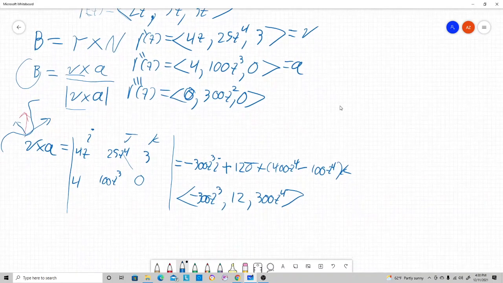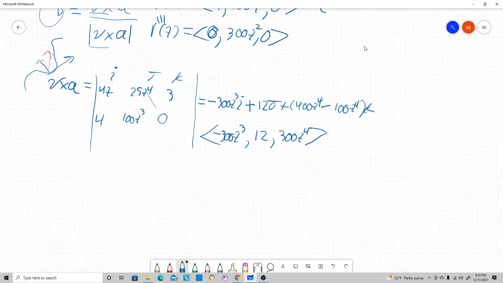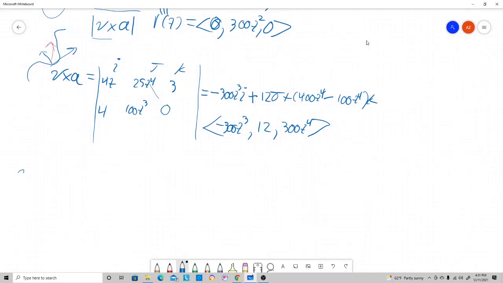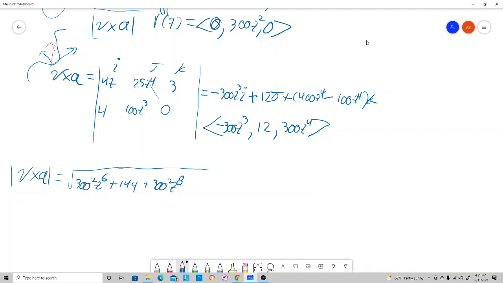If I do the magnitude of v cross a, it's the square root of 300 squared t to the 6, plus 144, plus 300 squared t to the 8th.